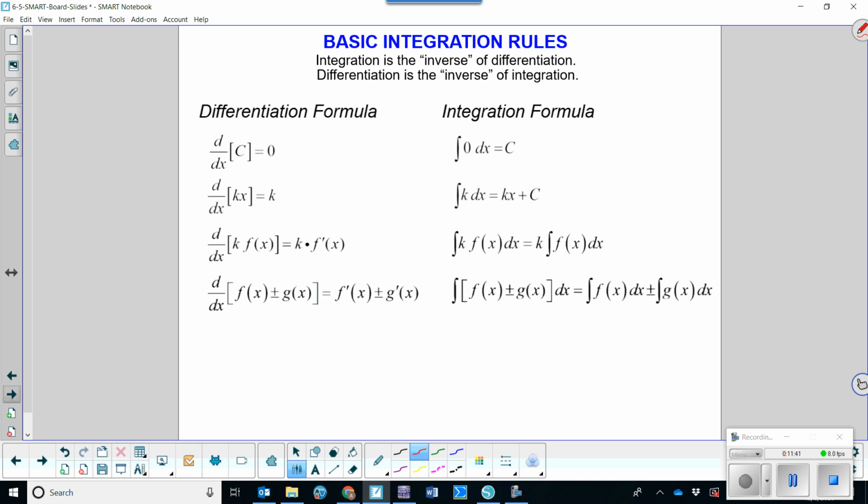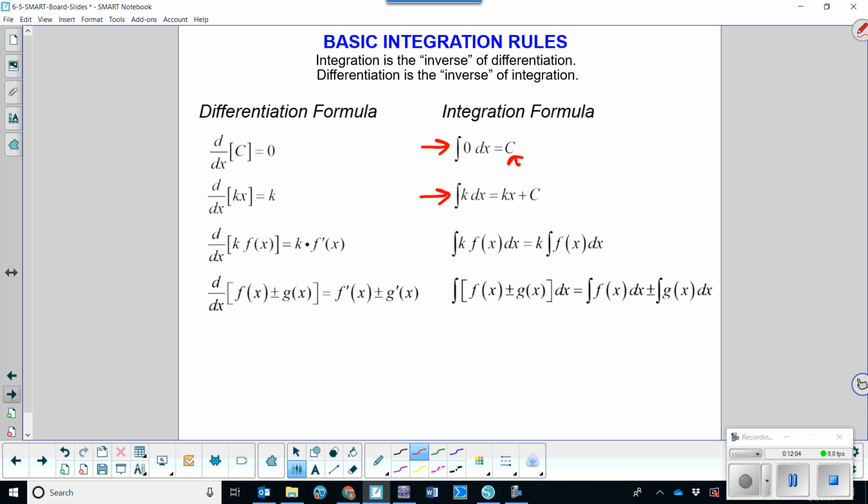Really all we're doing is recognizing that if I have the integral of 0 dx, well, what would I have taken the derivative of? The answer would be 0. Well, that would be c. Same thing with the integral of k dx.